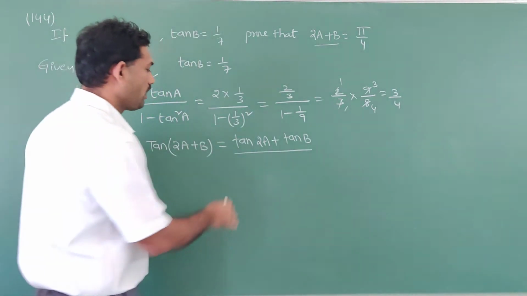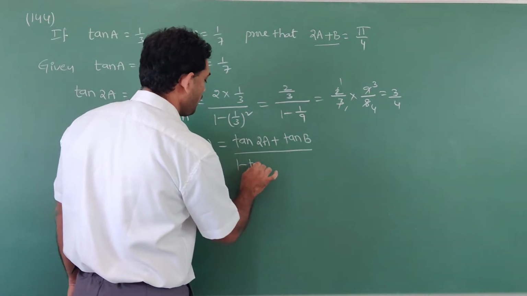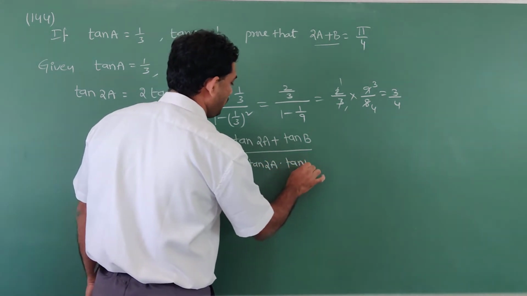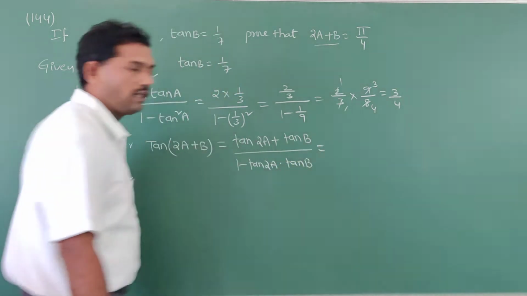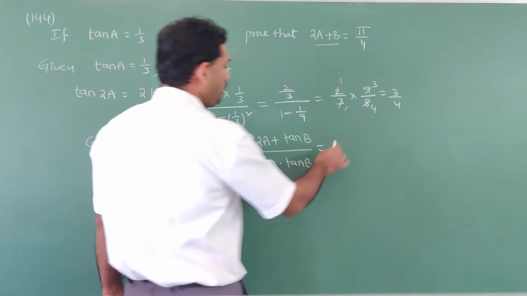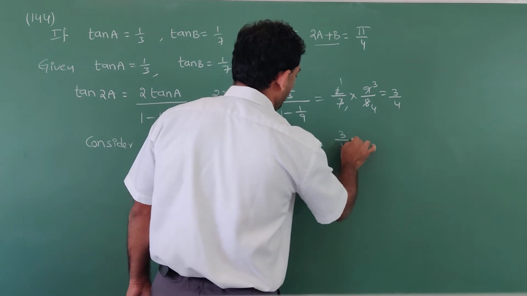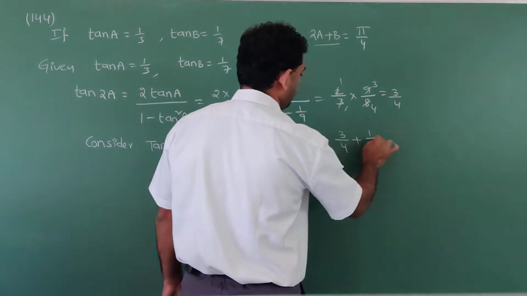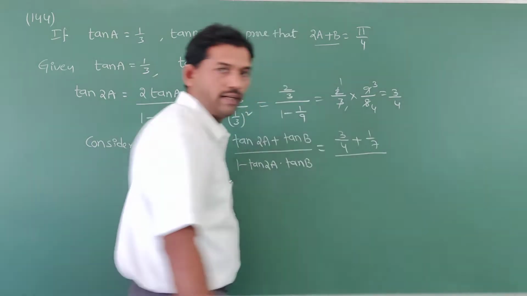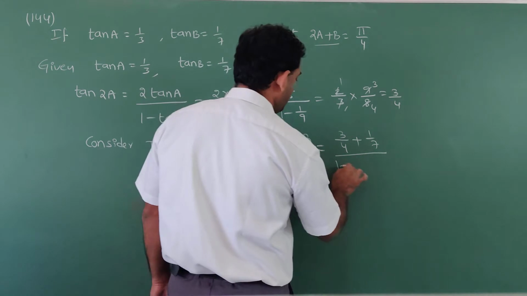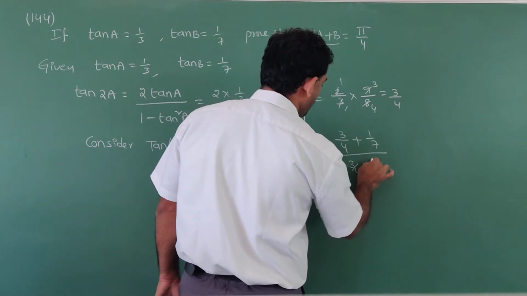tan 2A plus tan B divided by 1 minus tan 2A into tan B. It is equal to, tan 2A you already simplified as 3 by 4, plus tan B, 1 by 7, whole divided by 1 minus 3 by 4 into 1 by 7.